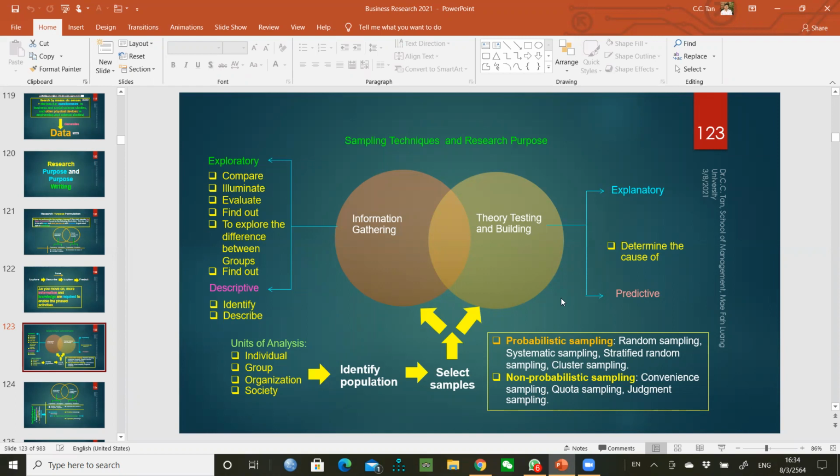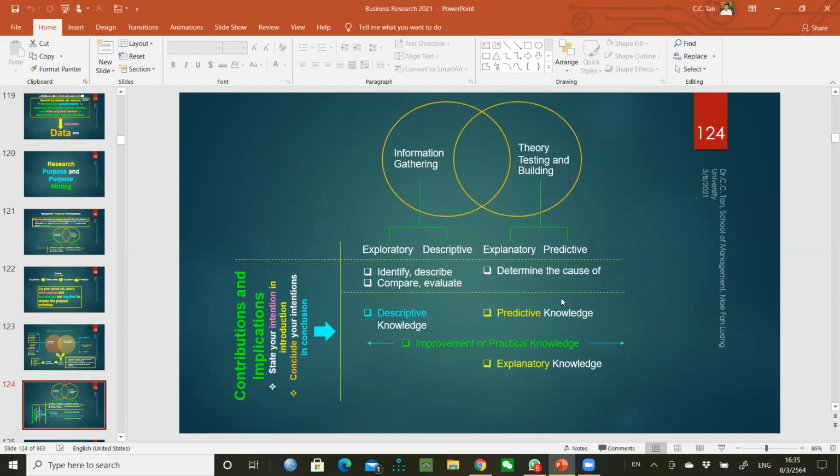So I'm giving you a very simplistic, holistic way of understanding how to write a problem, I mean the purpose statement, the purpose of the research.